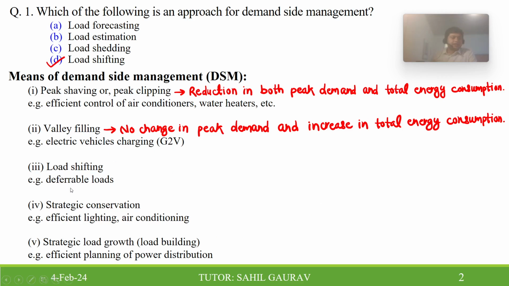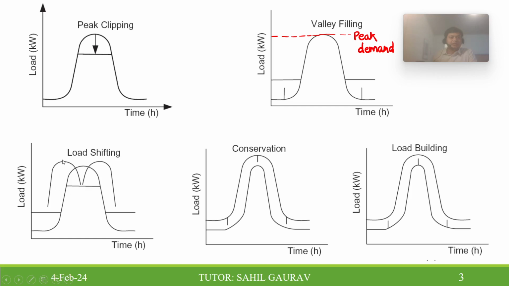And the third management strategy is load shifting. If we see the diagram, this denotes the load shifting. So you are shifting the demand from the on peak hours to off peak hours.